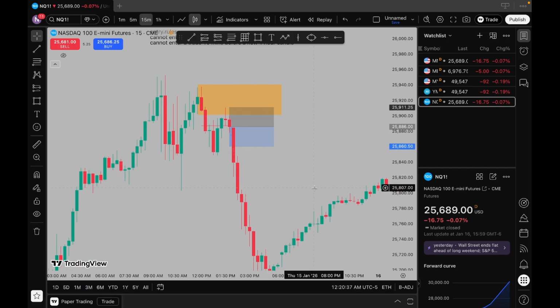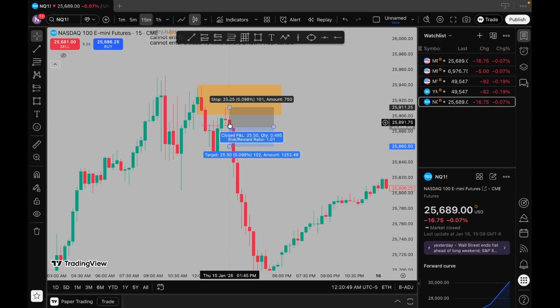With the new hourly candle, you have to wait until it makes a wick up and then continues down. For example, this is the 25-minute candle, and this is the 30-minute candle. Once this opens, once this candle goes up and retests this zone and then goes down and closes, that's when you enter.